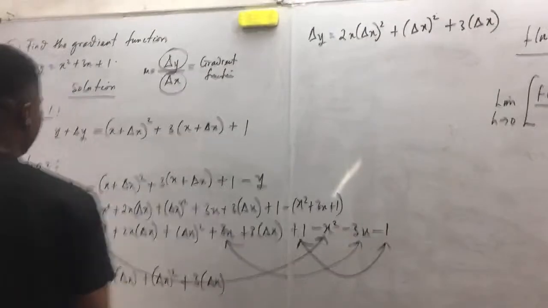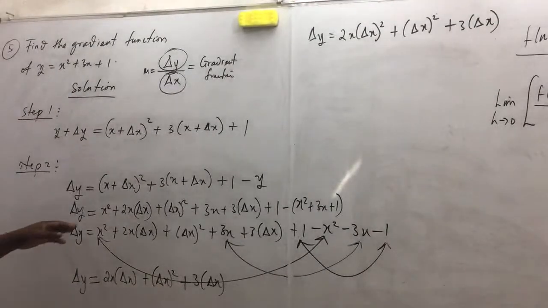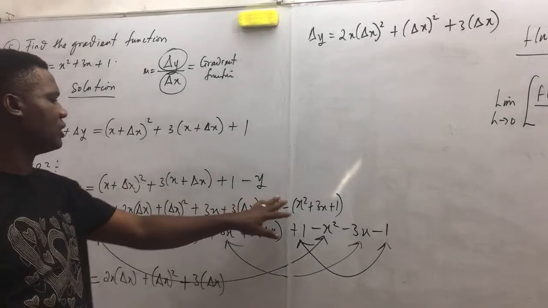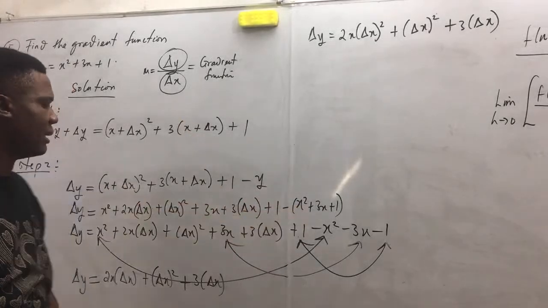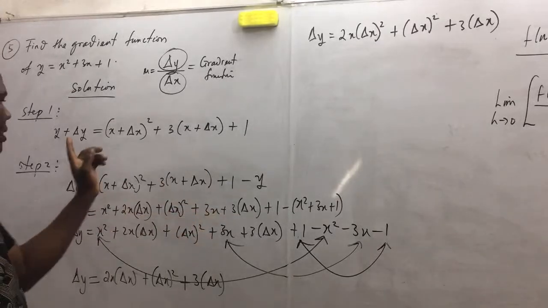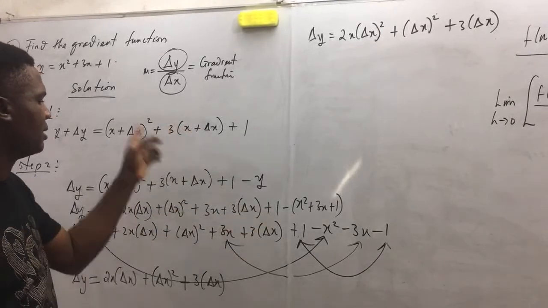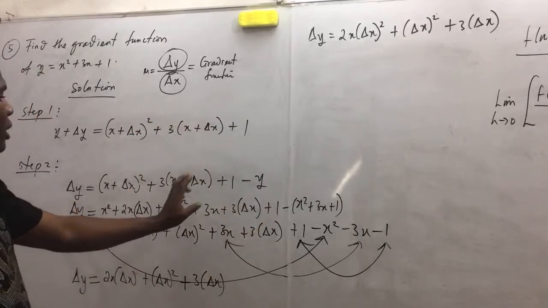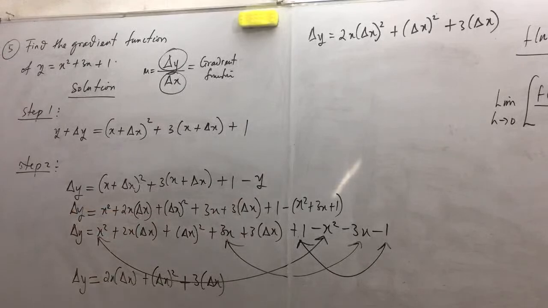Okay, so let's examine just to be sure that we've not made any mistake. So this was my expansion for this, and this was my expansion for that. Now this cancels that, 3x cancels that, 1 cancels, and so we are left with 1, 2, 3. Okay, so we are actually correct.